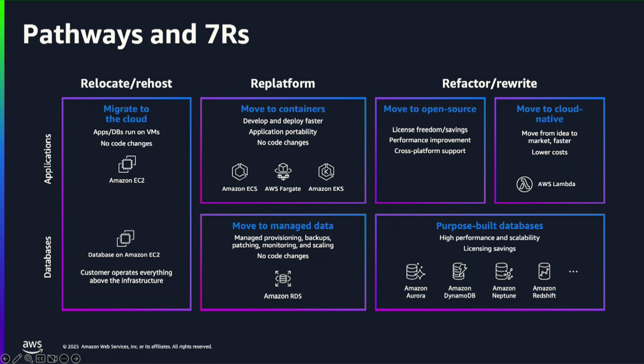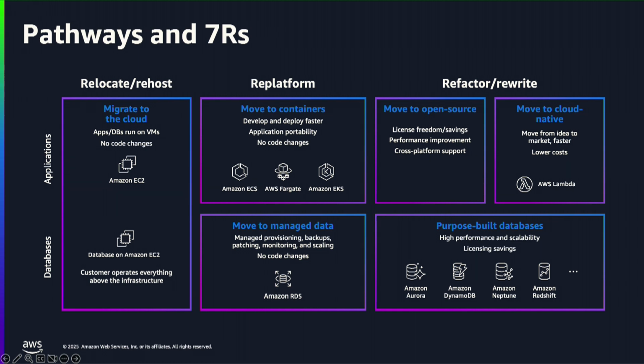When you want to re-platform, you're going to move to containers, and there you have a couple of options that allow you to develop and deploy faster with the portability between platforms. And for database there, if you stay with classic stuff, there's RDS, our managed database as a service. If you're going to refactor, rewrite, it depends on what you want to do.